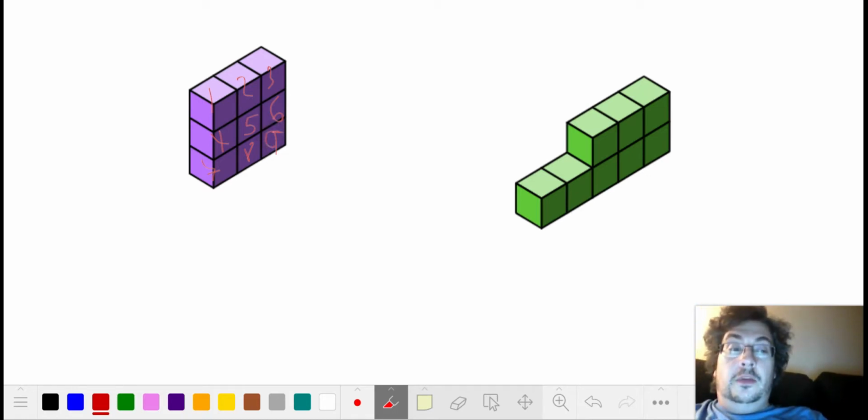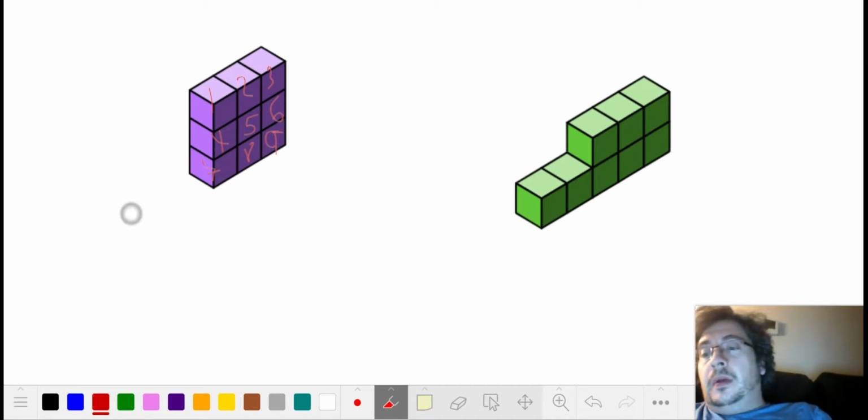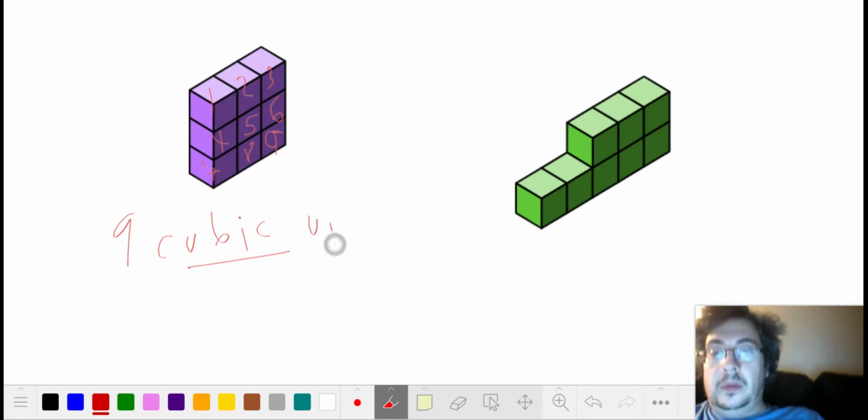So there's 9 cubes there. So the volume would be 9 cubic units. And that's very important that we always express volume as cubic units.